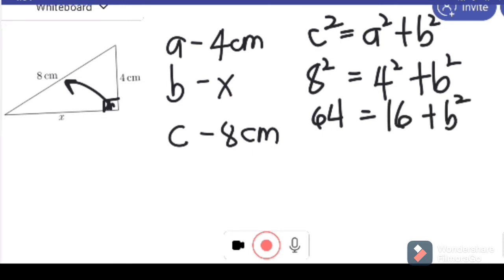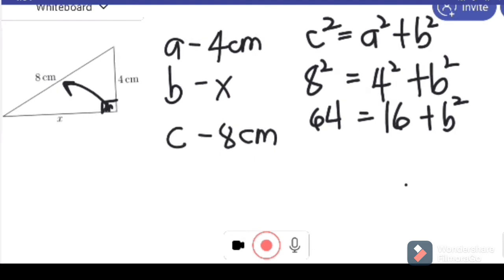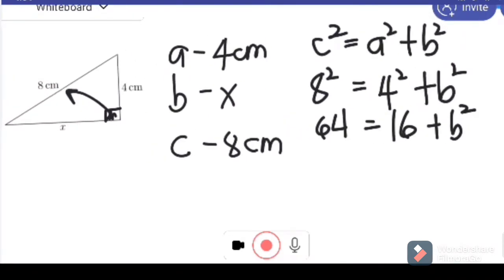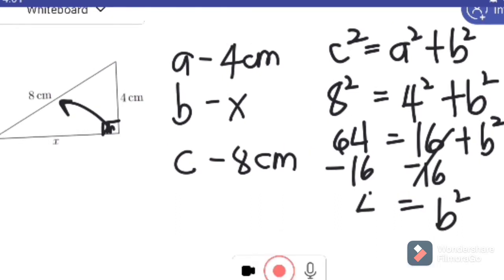Then we apply addition property of equality, or the inverse, add an inverse of this, negative 16 on both sides. So the answer is B squared is equal to 48.